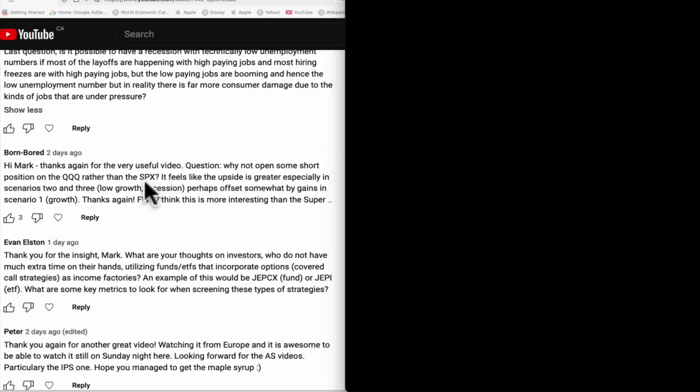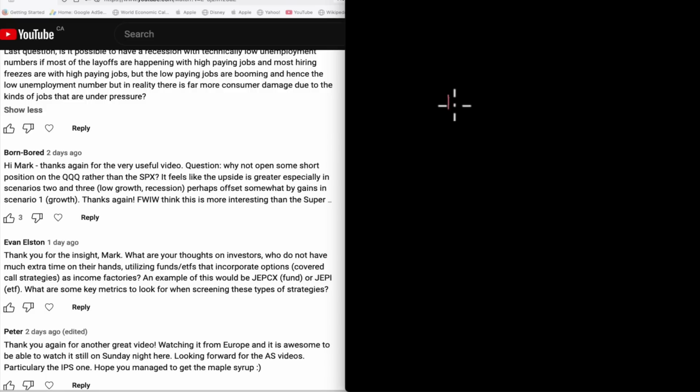Proportionately, it's about the same, but it is higher per contract. But proportionately, based on the notional amount, a short position in NQ is about the same, a little bit higher actually, than a short position in SPY, because the multiplier for NQ is 20, ES is 50.